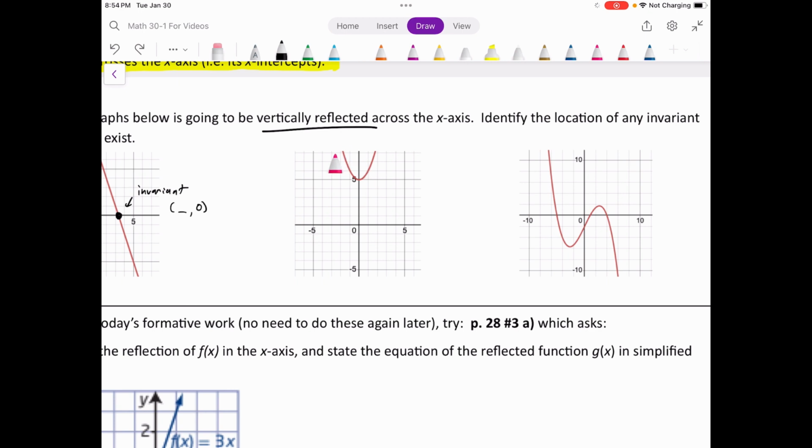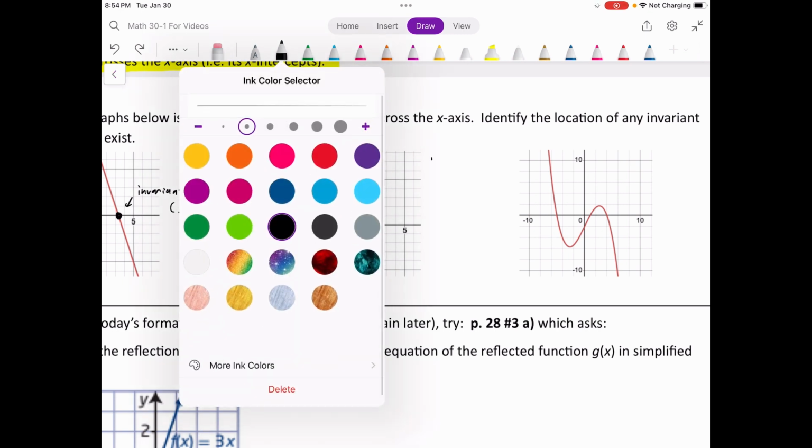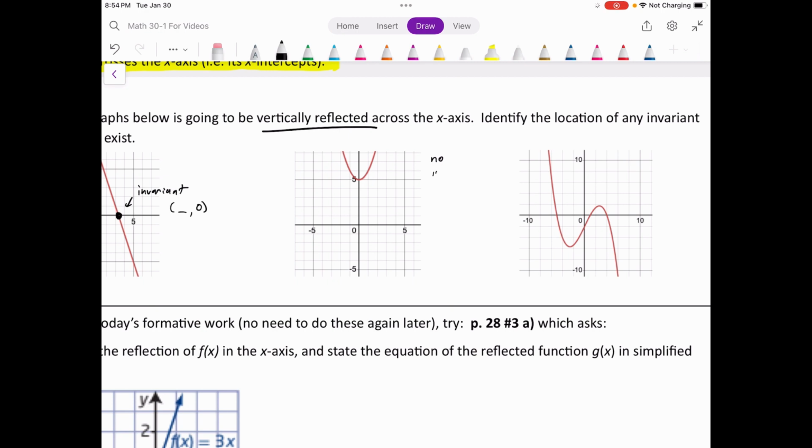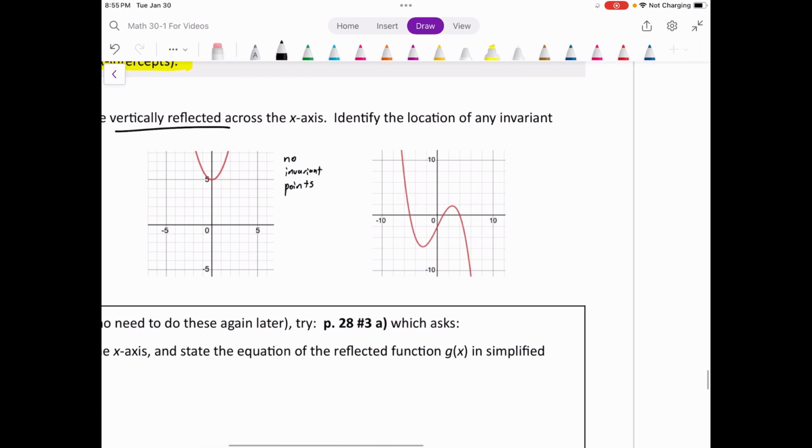There is no y value on this graph that is not going to be changed if we multiply it by negative 1. The only number that we can multiply by negative 1 and not change is 0. So this does not have any invariant points. Nowhere on that graph is y equal to 0. So everywhere will change when multiplied by negative 1.